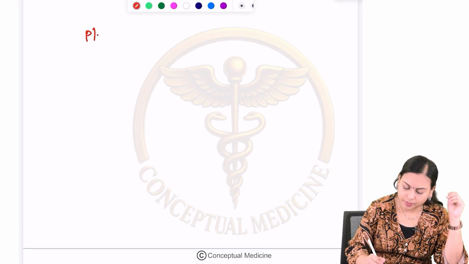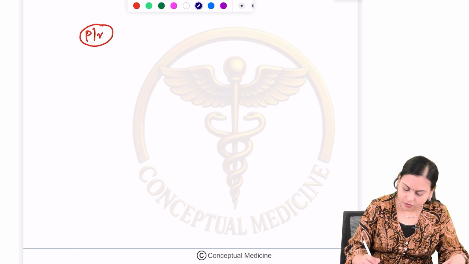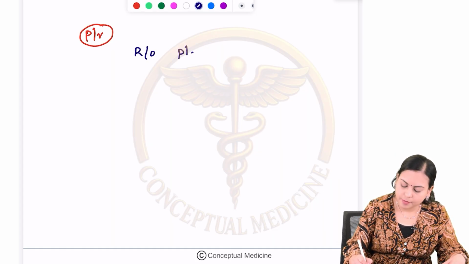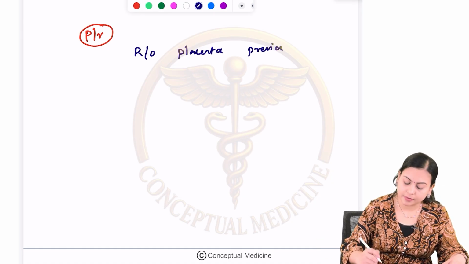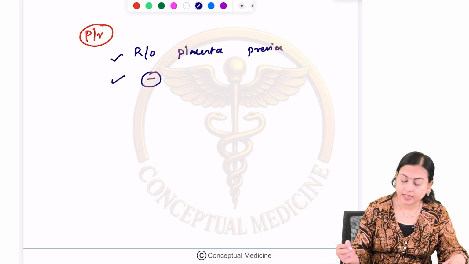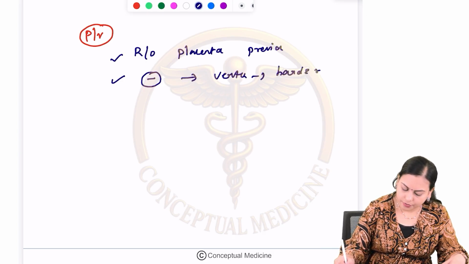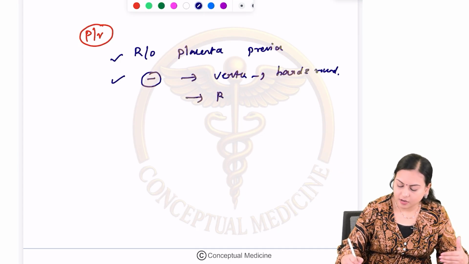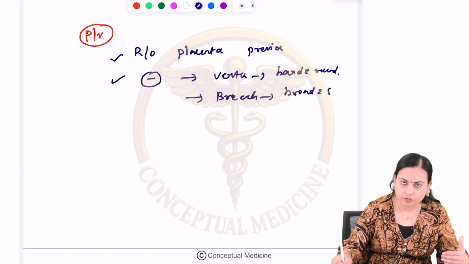What are the findings in pervaginal examination? You have to rule out placenta previa before performing a pervaginal examination. Then there will be a negative finding: you will not be able to feel the vertex, which is hard and round, and neither will it feel like a breech, which is broad and soft.